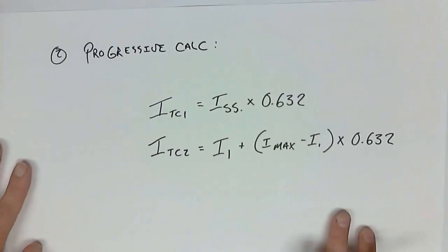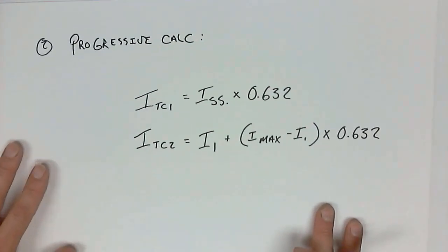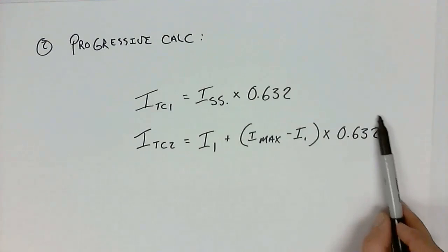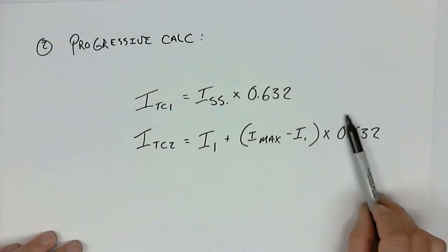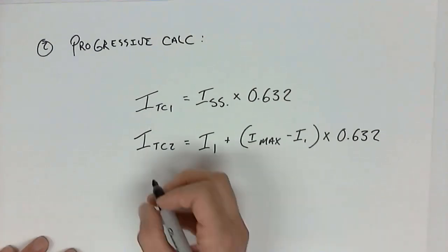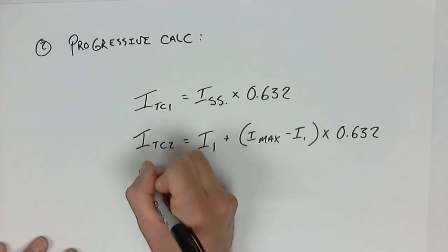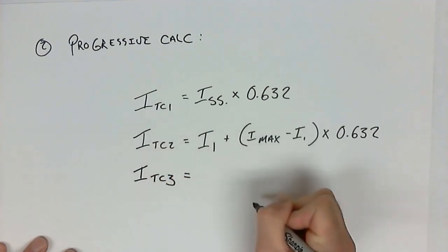Second method, it's called a progressive calculation. Time constant 1, time constant 2, time constant 3. It's not strictly just a 63.2% difference. It's a 63.2% difference of the difference. Oh my goodness, that sounds confusing. So what if we wanted to calculate the current at time constant 3?